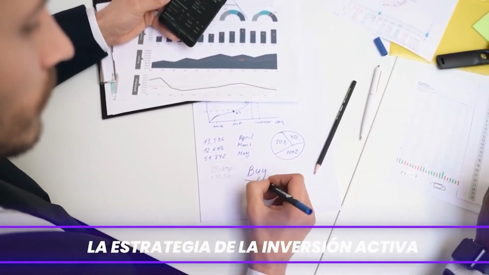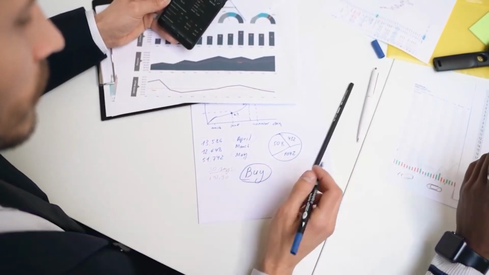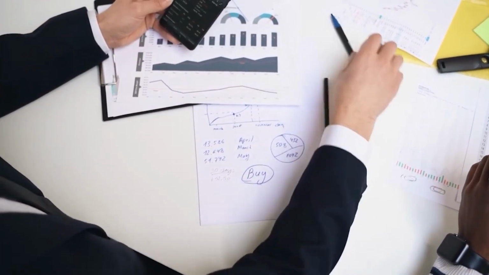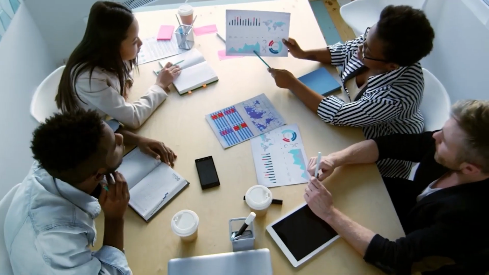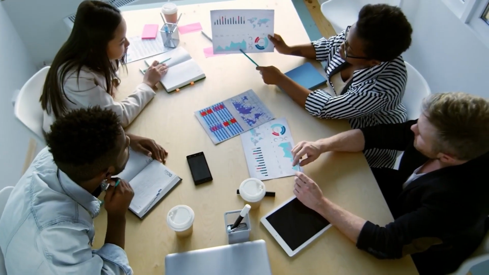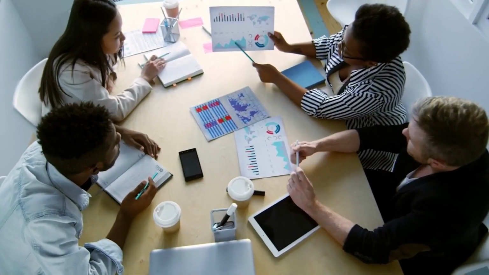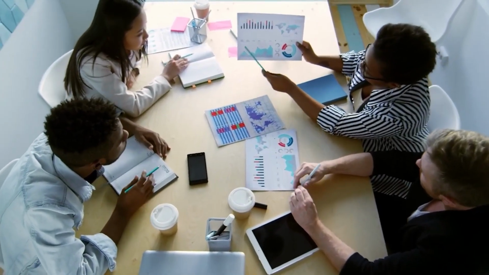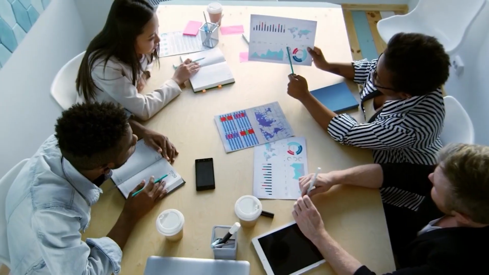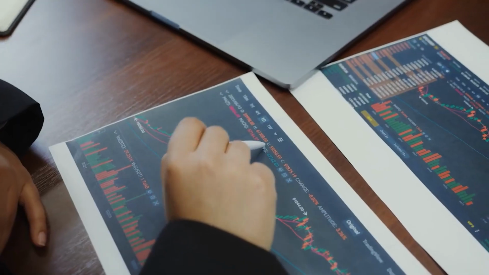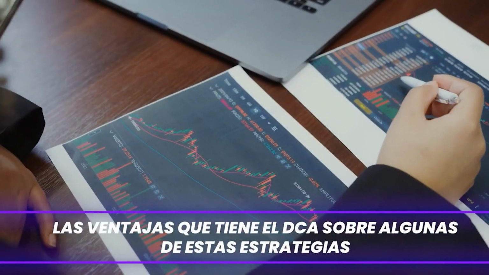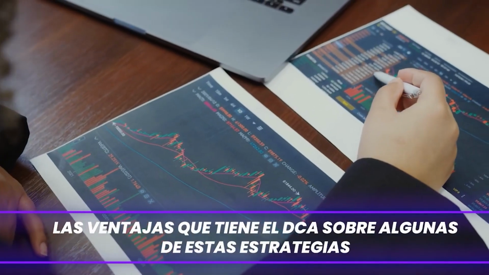Active investing involves the constant management of a portfolio, regularly buying and selling assets in an attempt to outperform the market. Although this strategy can offer higher returns, it carries greater risks and requires a deep understanding of the market and analytical skills. Now, let's finally talk about the advantages that DCA has over some of these strategies.